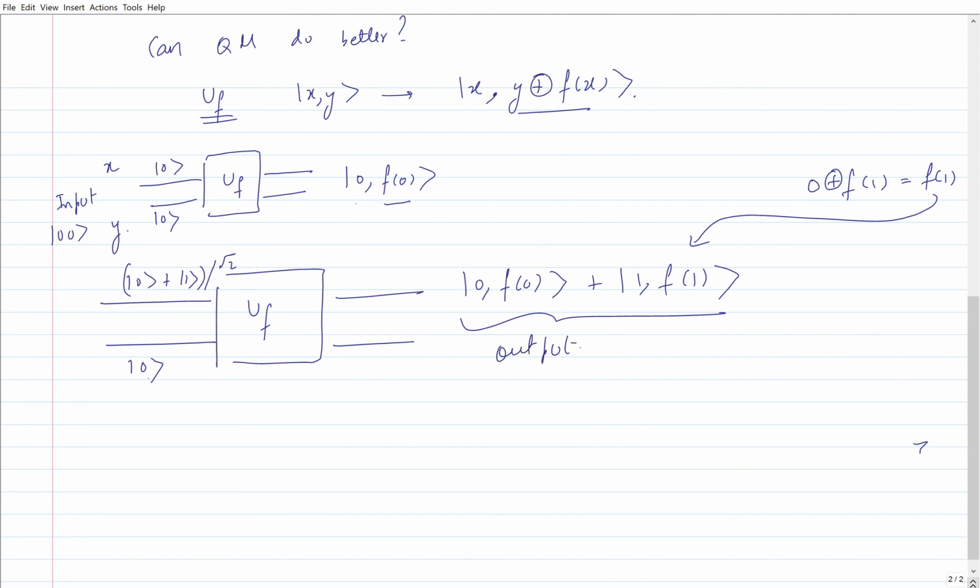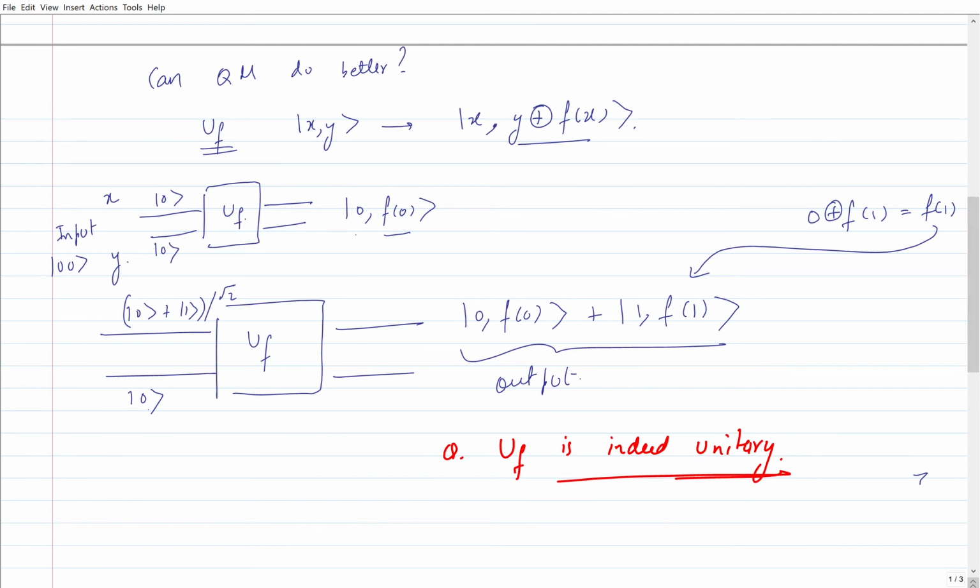Okay. So one of the homeworks for you guys is to show that U_f is indeed unitary. I'm claiming it's a unitary matrix, you just have to show it. Moving on. So how do I use the above circuit for my task?